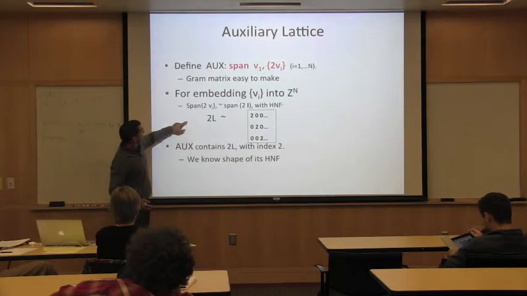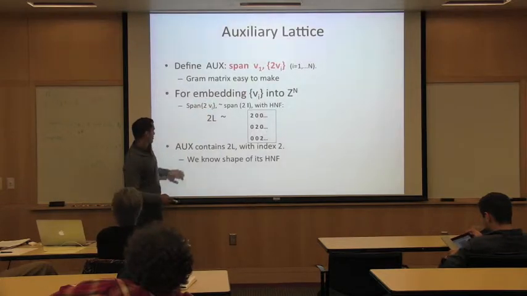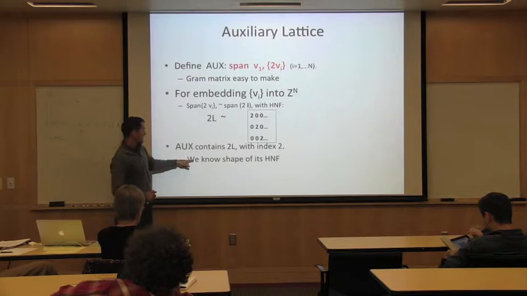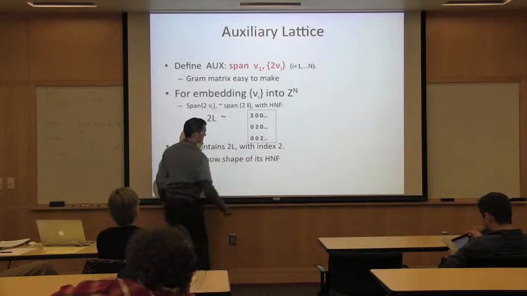So if you instead take the span of V1 and twice every other vector, this manufactured matrix contains that 2L matrix with index 2. And we also know the shape of its Hermite normal form.